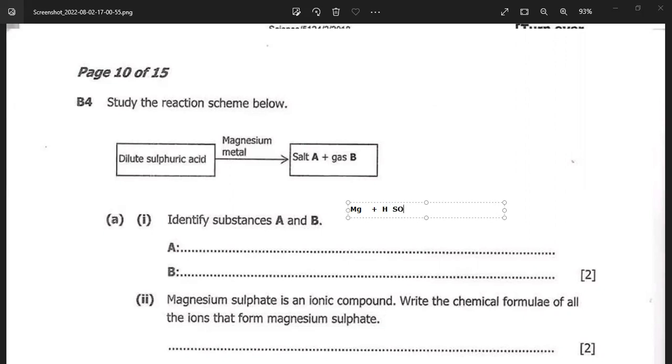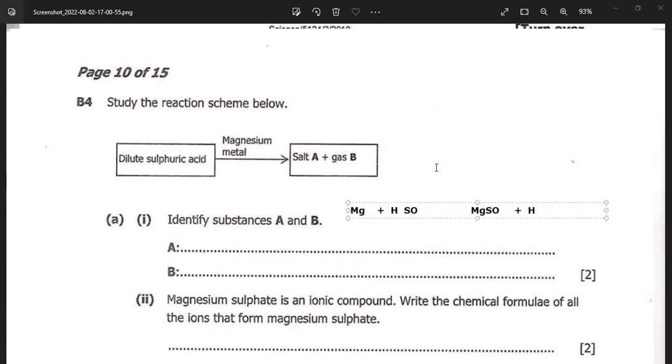This gives us magnesium sulfate, MgSO4, plus hydrogen gas. So this is what you have here.